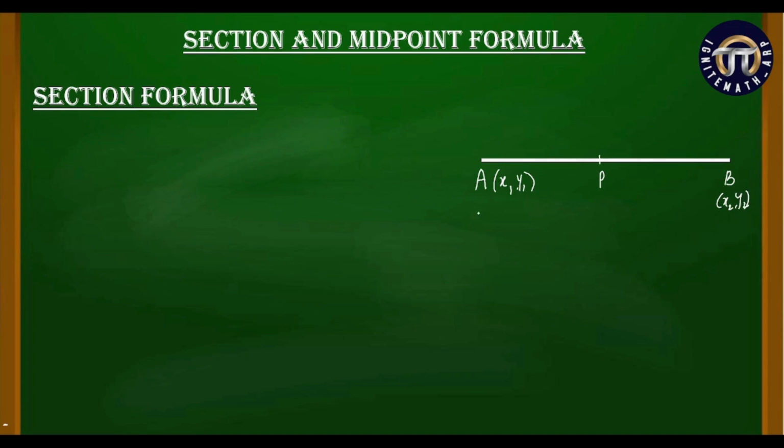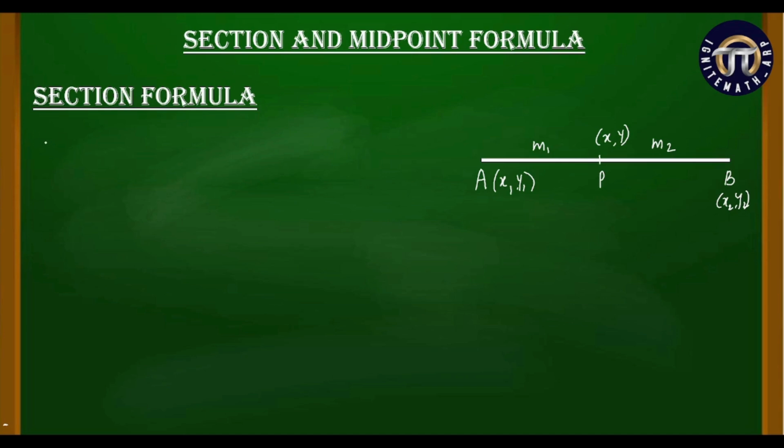Clear children? Right. So I am supposed to find out the coordinates of P, whose coordinates are mentioned as x comma y, which divides the line joining A and B in the ratio m1 and m2. So P divides the line joining the points A and B in the ratio m1 and m2.